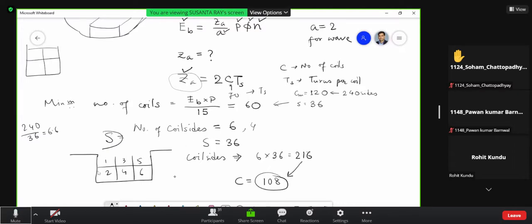If the deviation is within plus minus 10%, then it's okay. We can allow that much. Only thing is that whatever deviation you are getting, accordingly you have to calculate the B average and ampere conductor at the end.